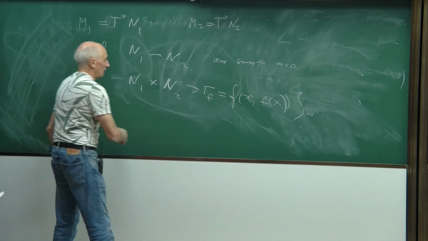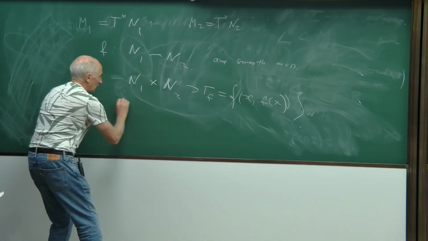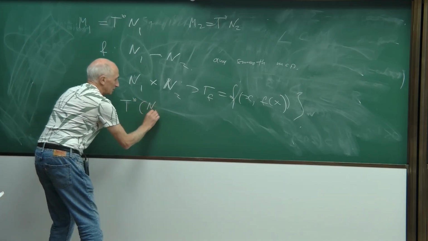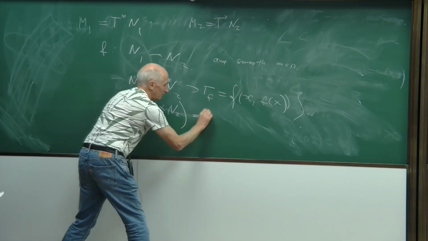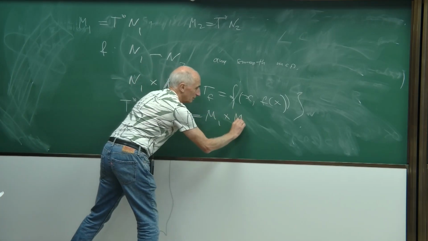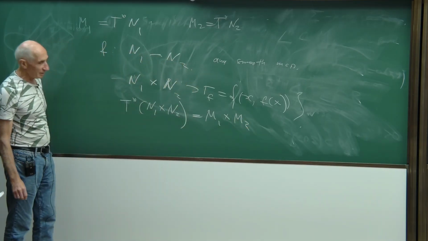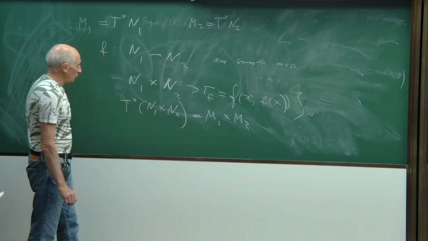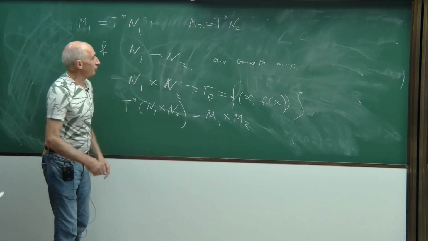Now take the cotangent bundle of N1 cross N2, which of course is the same as M1 cross M2, because the cotangent bundle of a product is the product of cotangent bundles.